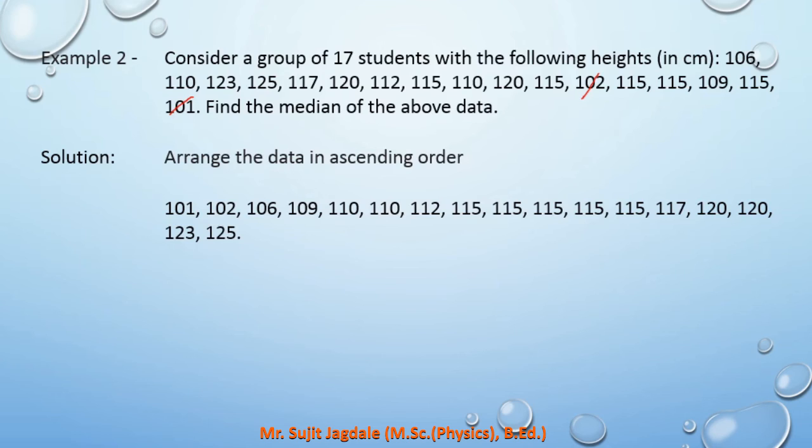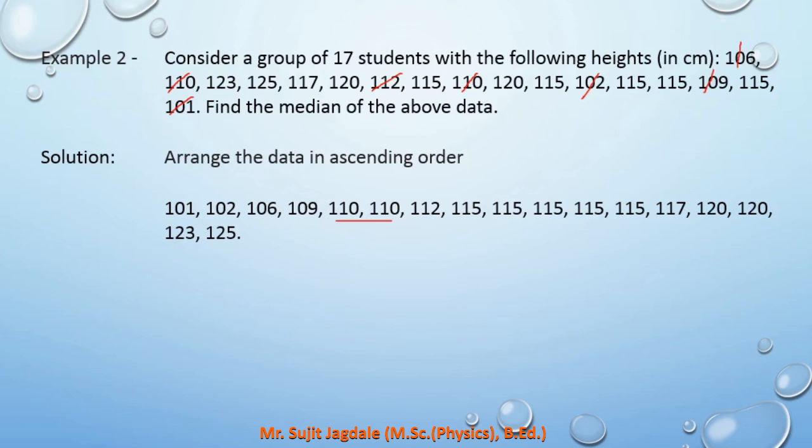106, then 109, then 110 is repeated two times, so you have to write it two times. Then 112, the next one is also 112, cut it and write it. The next one is 115.